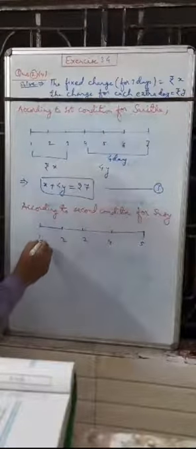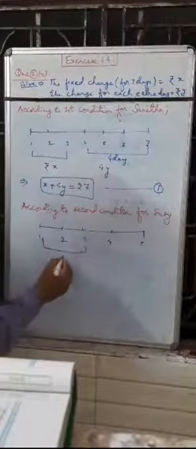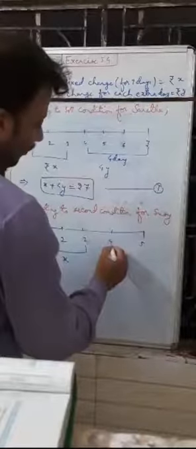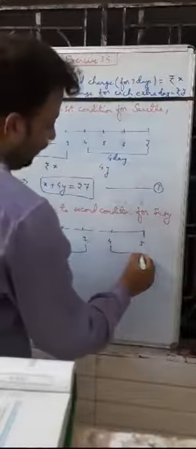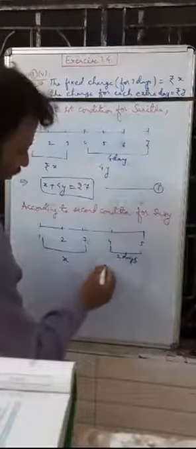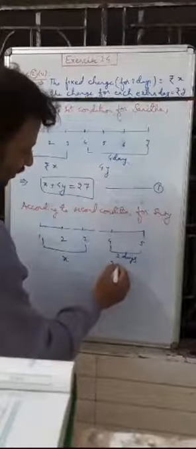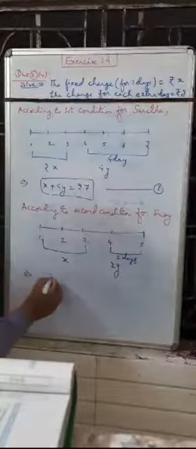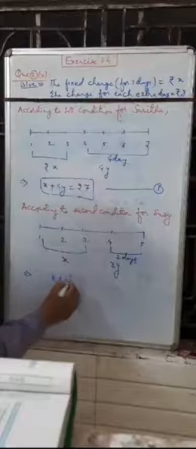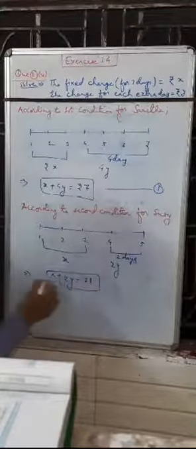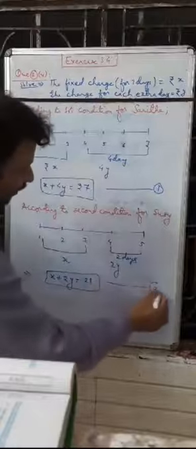So she has to pay fixed charge for 3 days x rupees, but for 2 days extra. So for 1 day the extra charge is rupees y, so for 2 days she has to pay 2y. So the new equation is x plus 2y is equal to 21 rupees. It is equation number 2.